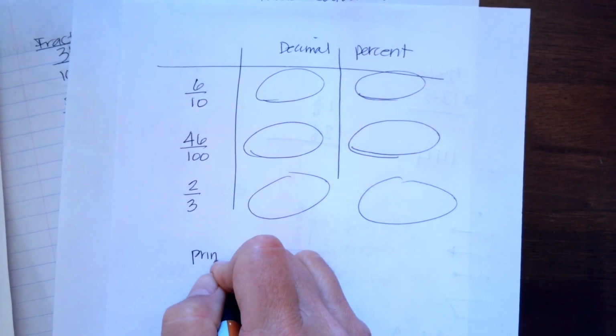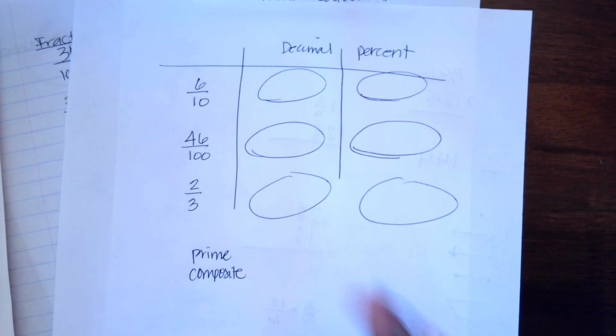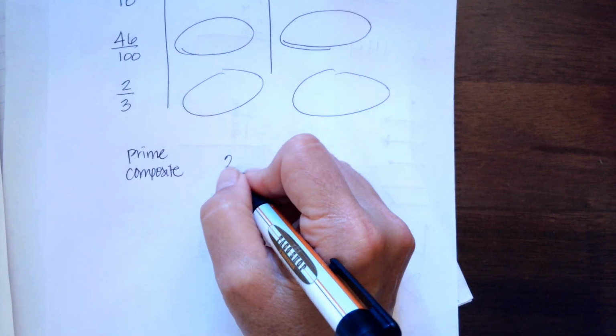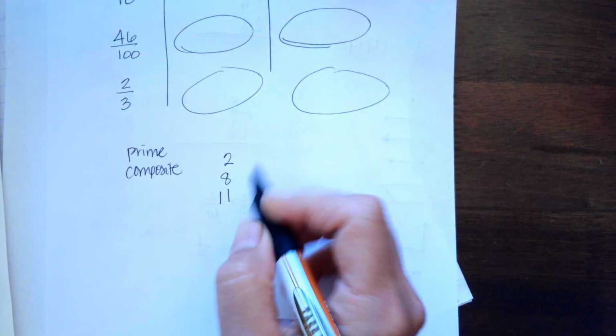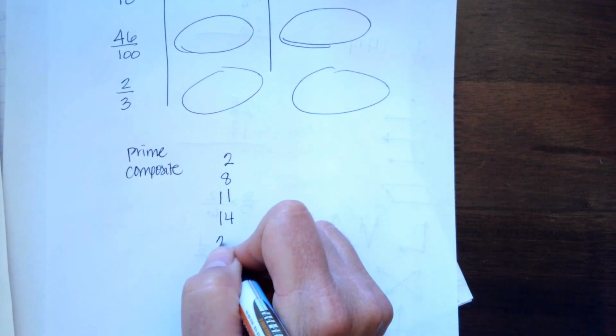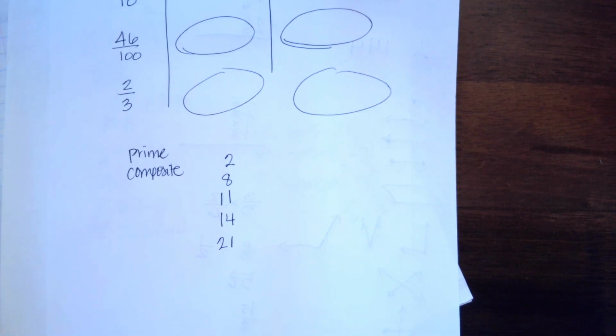You're going to tell me whether these are prime or composite numbers. And that is your homework.